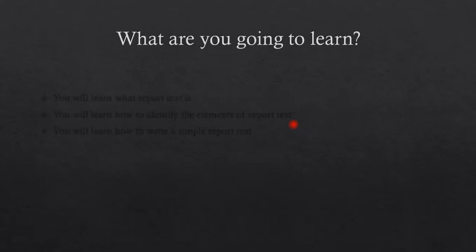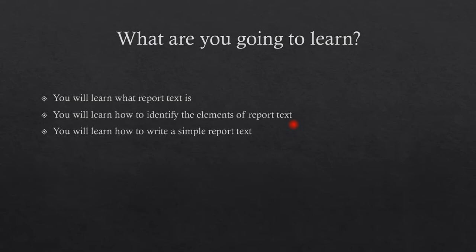Okay, so this report text is for the 11th grade of high school. Firstly, I want you to know what you are going to learn. The first one is that you will learn what report text is, and then you will learn how to identify the elements of the report text.